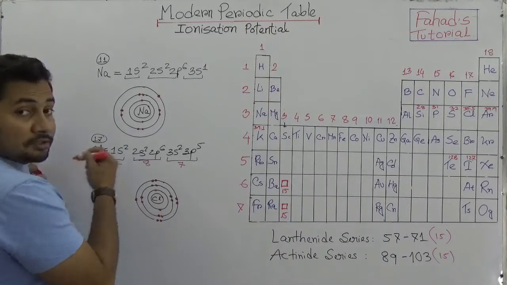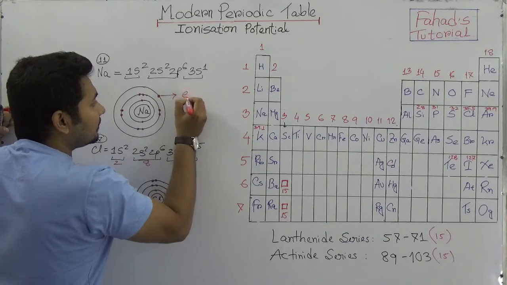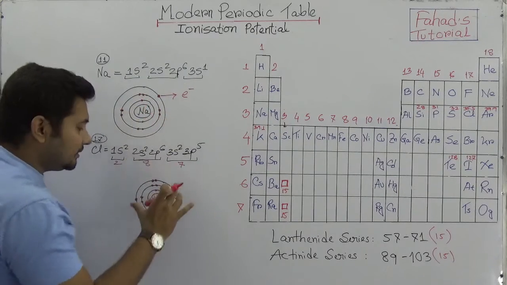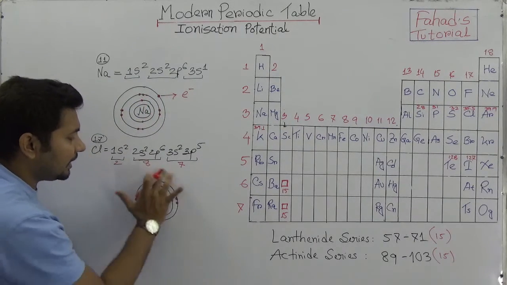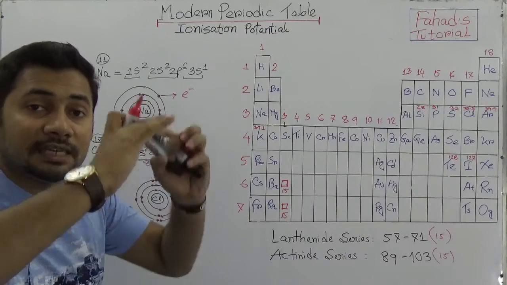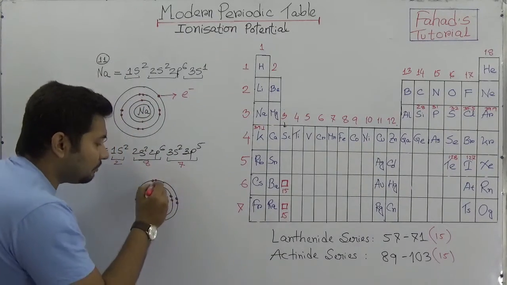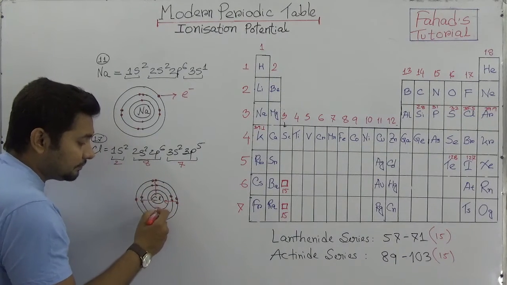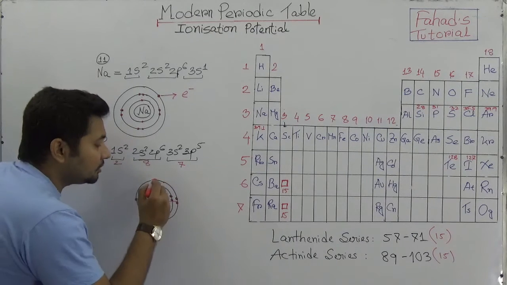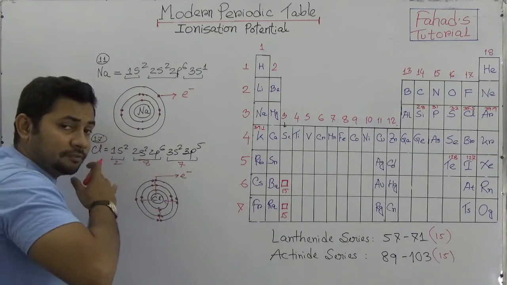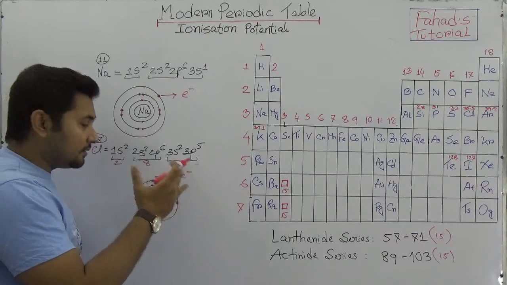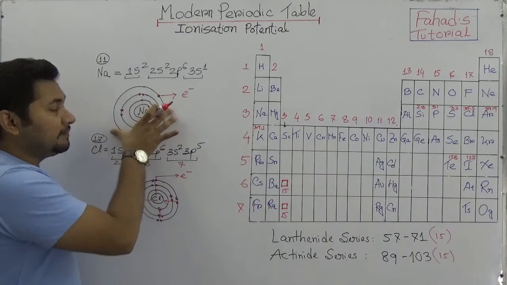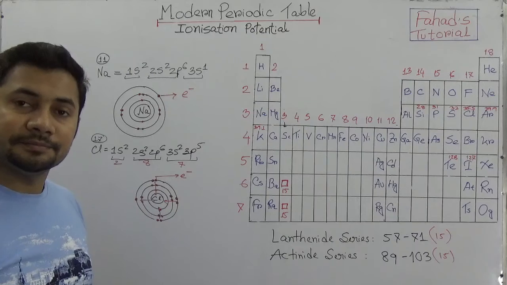Because removing this electron from sodium is much easier than from chlorine, because chlorine has 7 electrons in its outermost shell, so it has much attraction to the nucleus. So to remove 1 electron, the required energy in case of chlorine compared to sodium will be much higher.